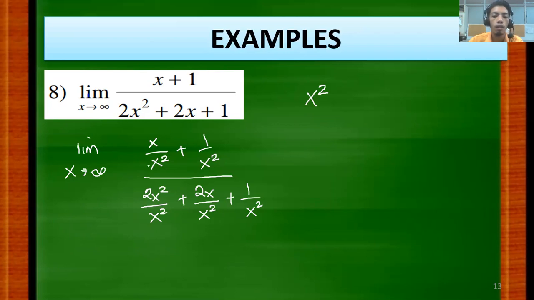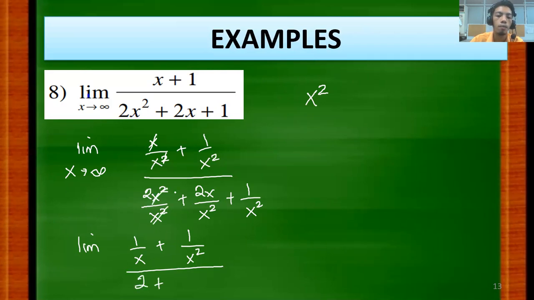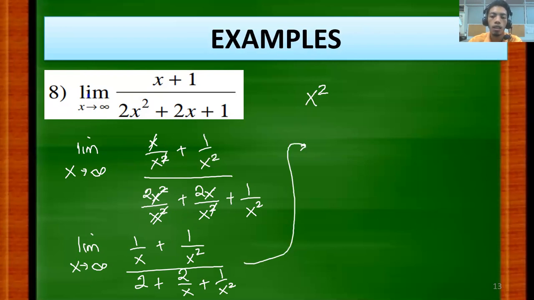So next, simplify. So cancel si x, cancel yung exponent na 2. So ang natira mo ay 1 over x plus 1 over x squared all over, cancel si x squared. So you have 2 plus, cancel si x, natira si x sa baba. So you have 2 over x and then plus 1 over x squared, as x approaches infinity. So again, second step is substitute infinity for all x.